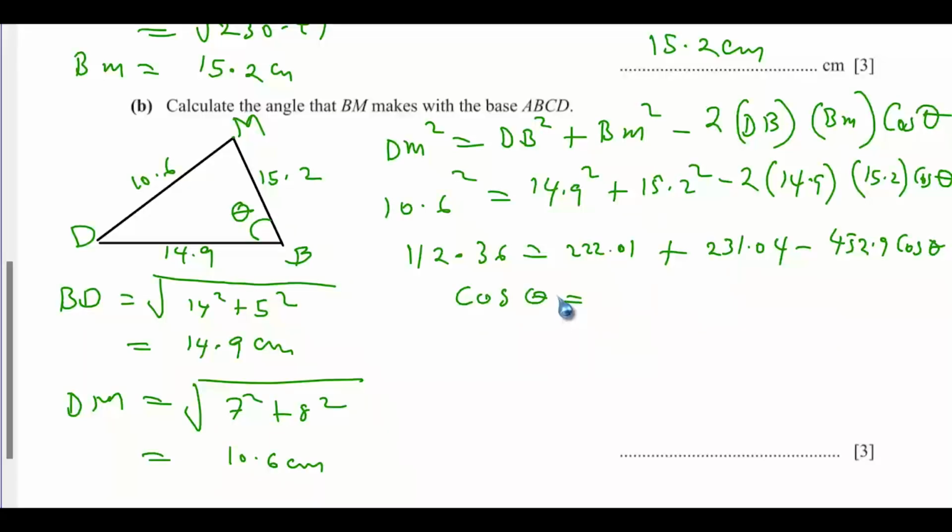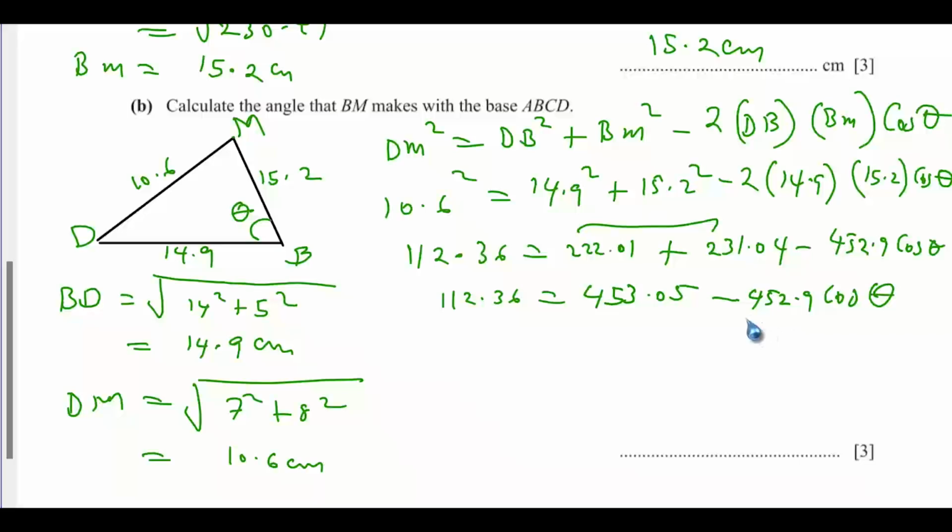So if you rearrange and solve this, you have cos theta. I don't want to skip any. I want to believe you can find your way here, because you have to add. So let's do it accordingly. Here we're going to have 112.36 equals the addition of these two, which will give you 453.05, then minus 452.9 cos theta.